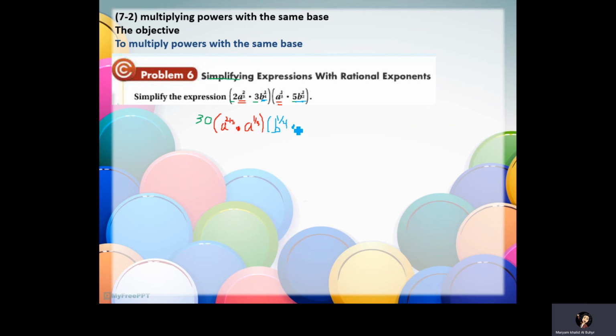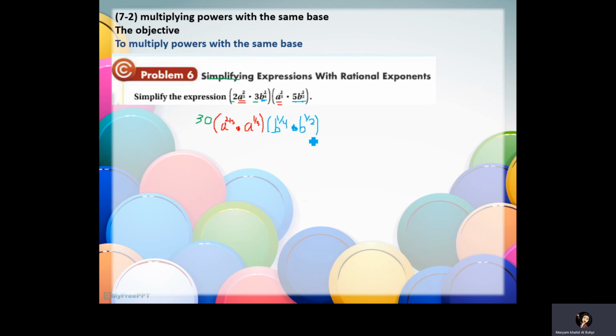I just changed the order. I did not do anything else. I just used the commutative and associative properties to change the order of multiplication.